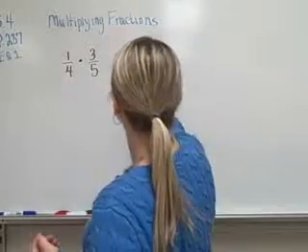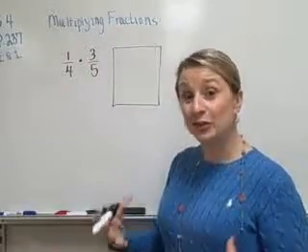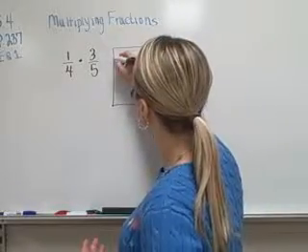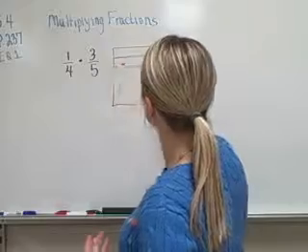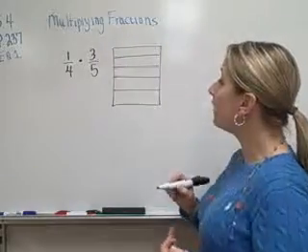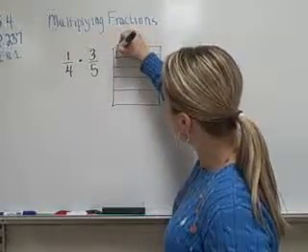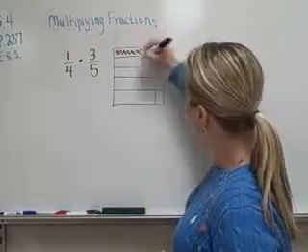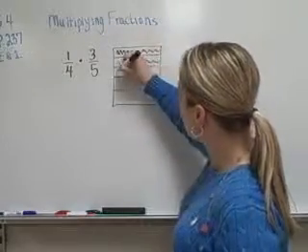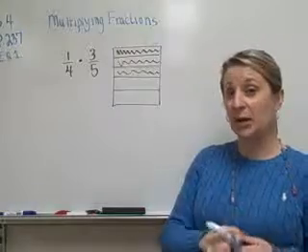So let's say that you had a box, and you had 3/5 of it. So let's divide it into 5 pieces. And you have 3 of those pieces. So that would be this, this, and this. You already own 3/5 of the box.